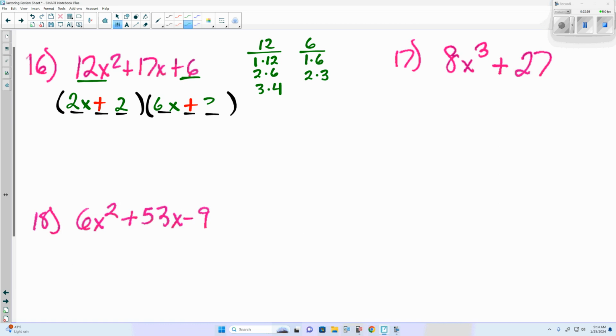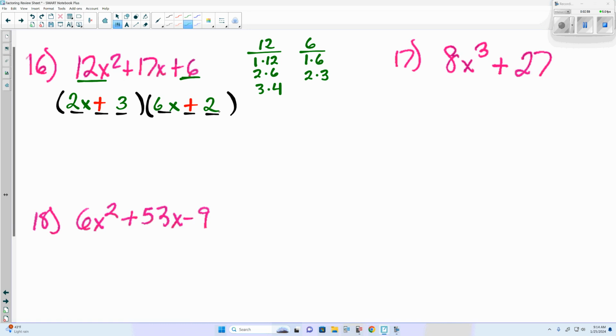So we can't do this here because, again, if the original one can't have a greatest common factor, 2x and 2x won't go together because we have a greatest common factor of 2. If we don't see that, we can still check it. It won't give us the correct middle term. So that's fine. So if I switched it, 3 and 2, 2x plus 3 is fine.